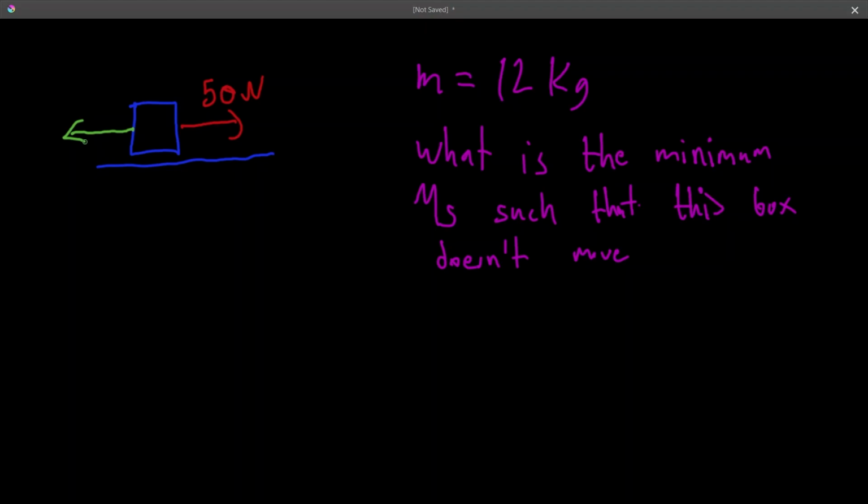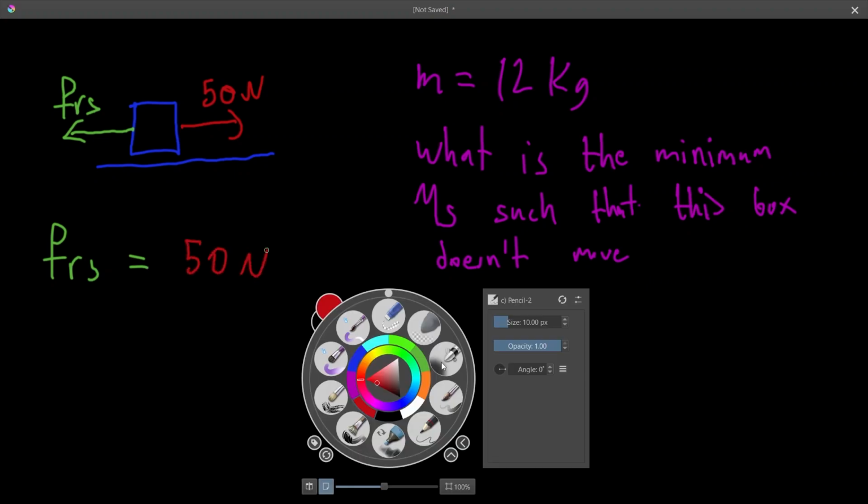We have friction to the left in terms of FRS, but we don't know what that friction is. Since they're asking for the minimum value of mu s, you have to say that FRS is equivalent to 50 newtons, and then you just solve.